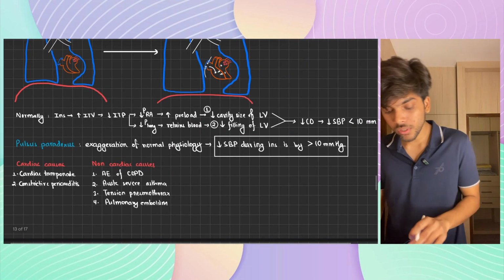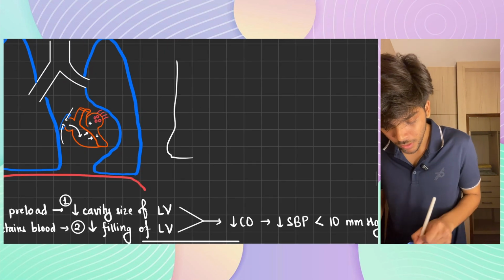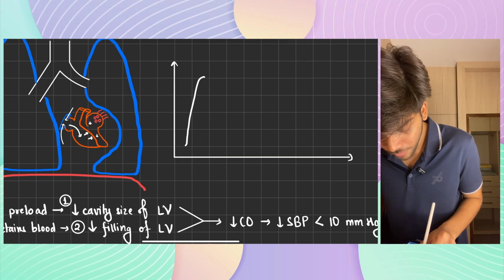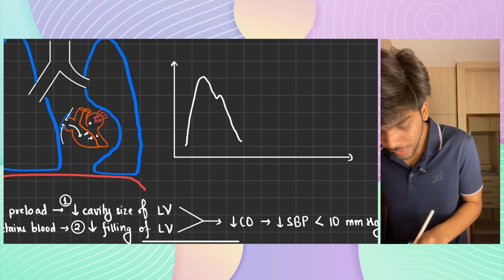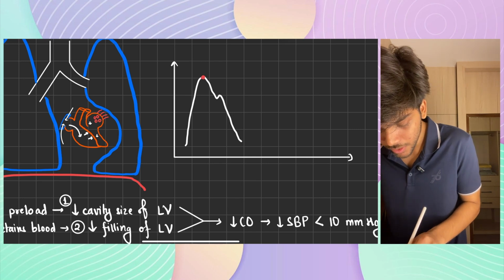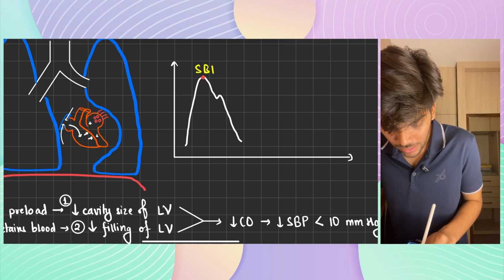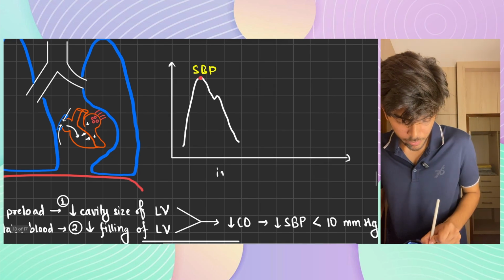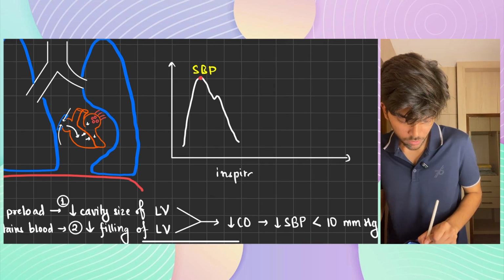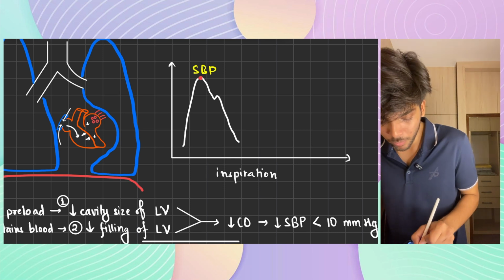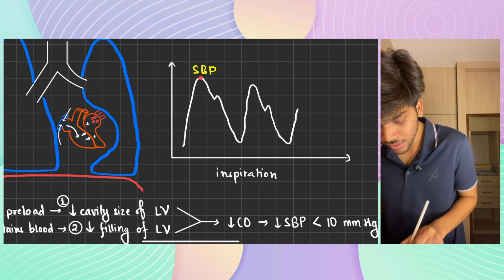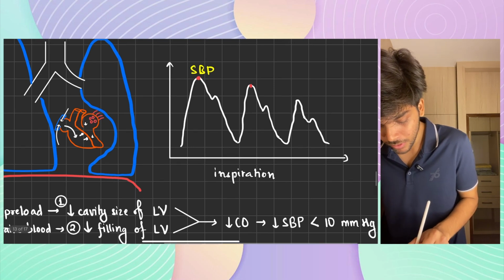The graph would look something like this. So this is your normal pulse waveform, right? The peak represents the systolic blood pressure. As inspiration goes on, the systolic blood pressure falls. And I've just mentioned the two reasons why there is a decrement in cardiac output and a fall in systolic blood pressure.